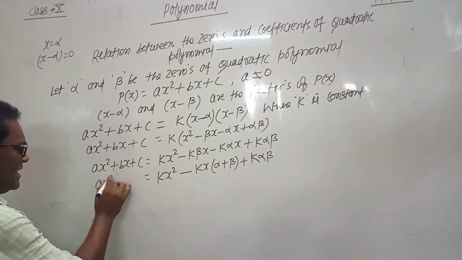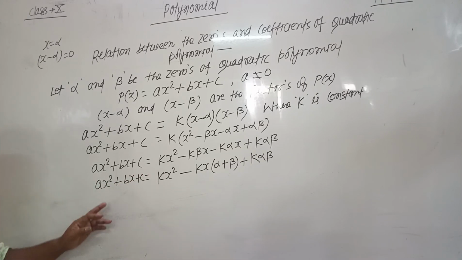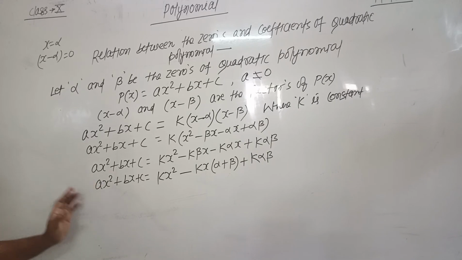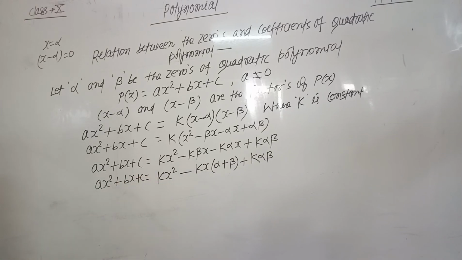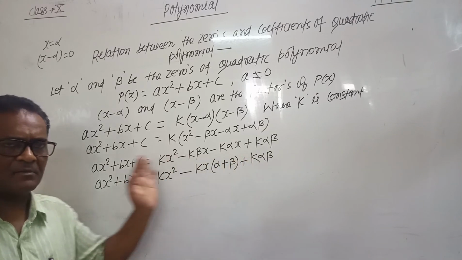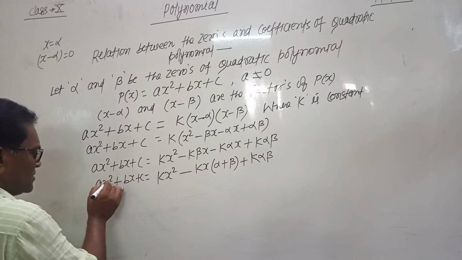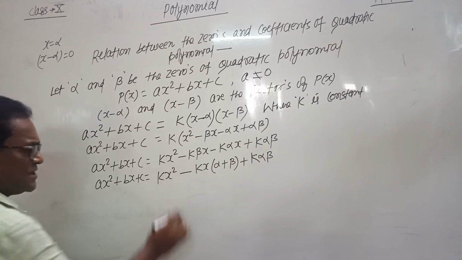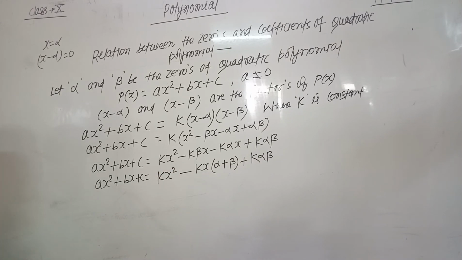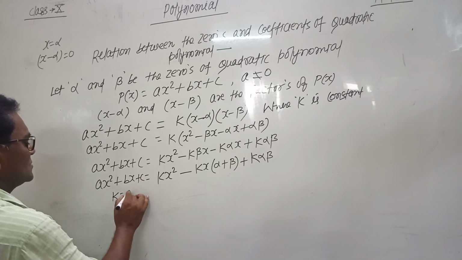Now we will equate the coefficient of x² on both sides, the coefficient of x on both sides, and the constant term on both sides. The coefficient of x² is a on the left, and on the right the coefficient of x² is k. So we can write k equals a.